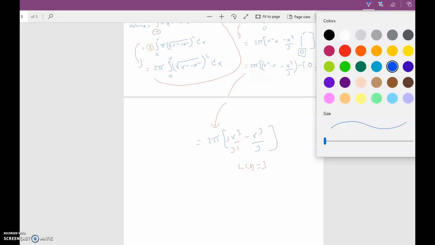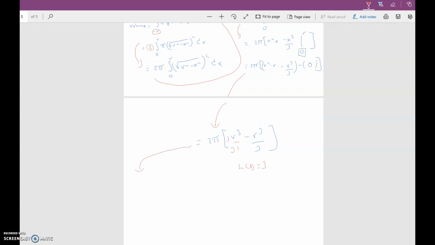Let me move the actual work up here. So this is equal to 2 pi times 3r to the third divided by 3 minus r to the third divided by 3, or 2 pi times 2r to the third divided by 3.